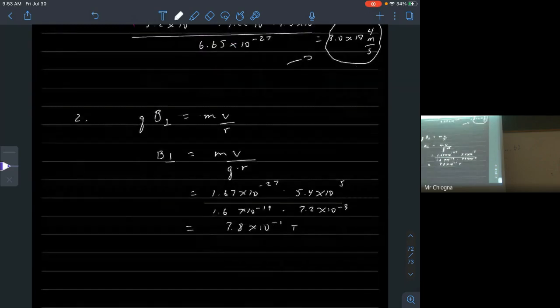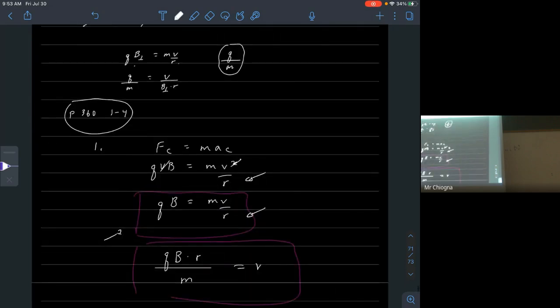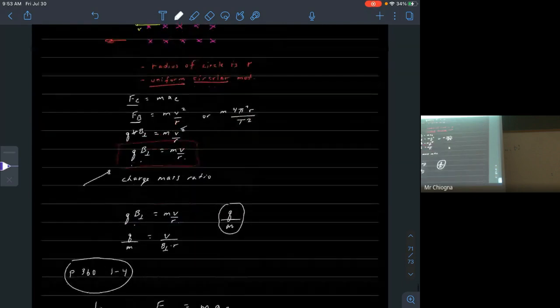Almost done here. Three. Calculate the charge to mass ratio. I did that for you. I derived it up here, right here.